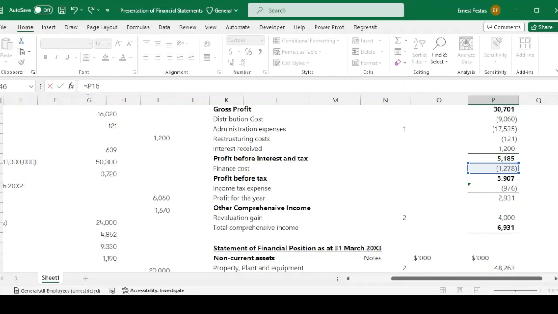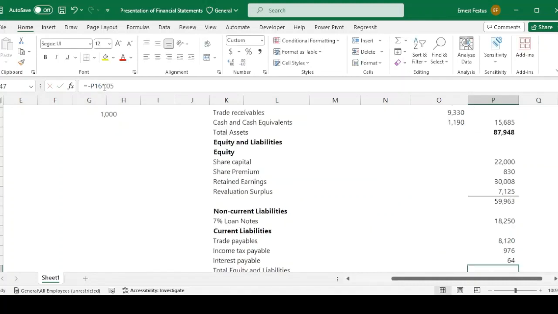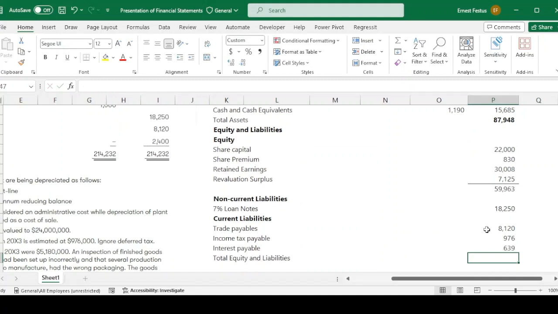This is not supposed to be a negative figure any longer, and I'm going to multiply that by 0.5. That is half. So we have 639. Sorry, I'm supposed to bring these figures to the first column, so that the total can be here.